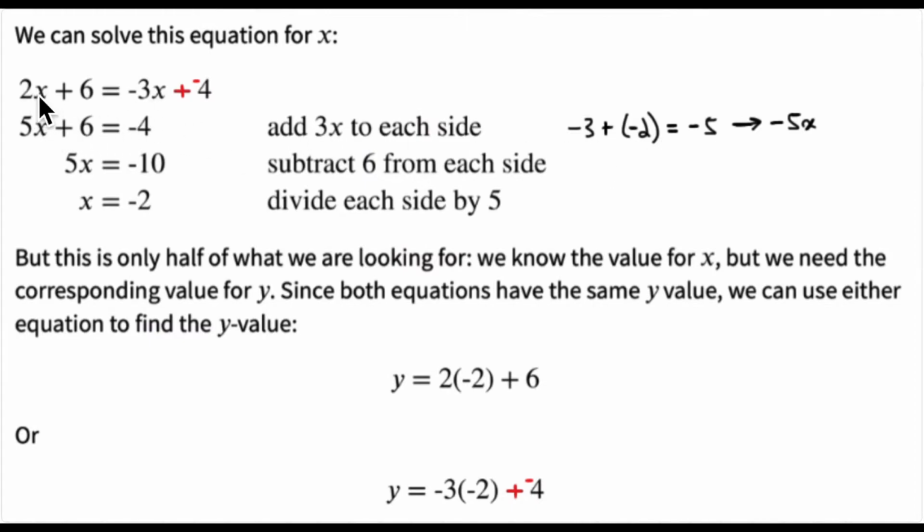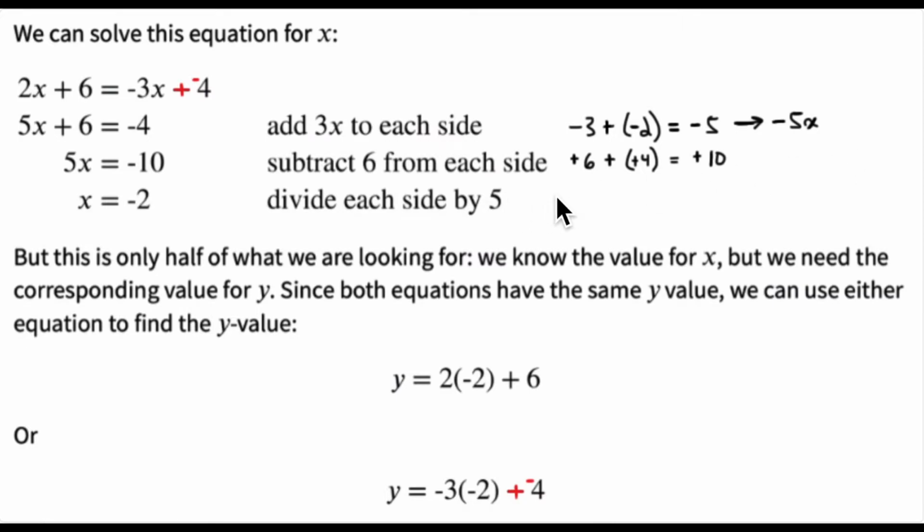If I add a negative 2, that's the additive inverse of a positive 2. Add them together, you're going to get a negative 5x. So here it's a positive 5x, and over here, the way that I chose to do it, it's a negative 5x. You should try both ways. You should get used to seeing these both ways, because you'll do them different ways depending on your comfort level.